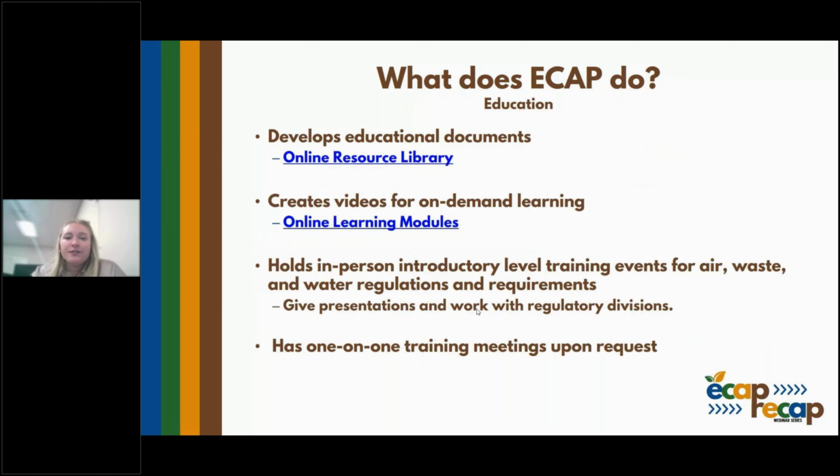Finally, we also do a lot with education, specifically environmental education, related to permitting and regulations. We develop educational documents for the public, and this can be everything from quick one-page fact sheets to 80-page compliance documents that might cover every single potential regulation a facility in a specific sector might need to be concerned with.